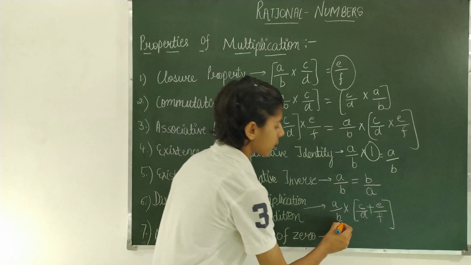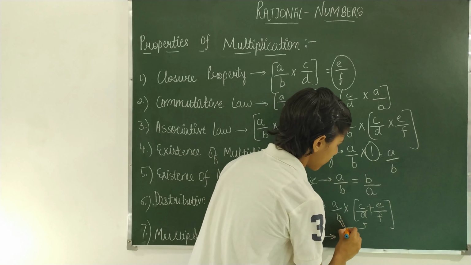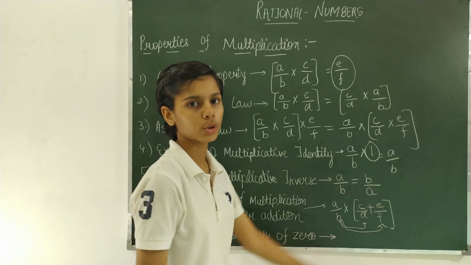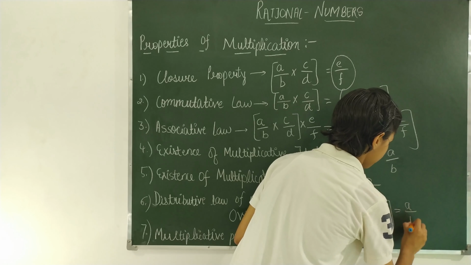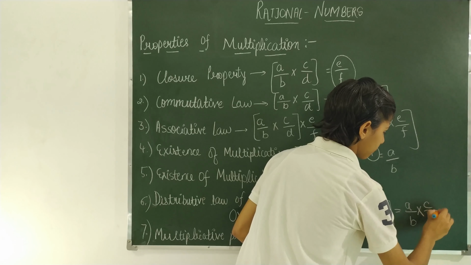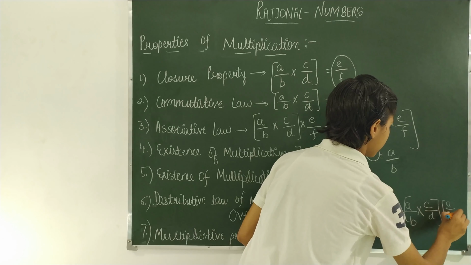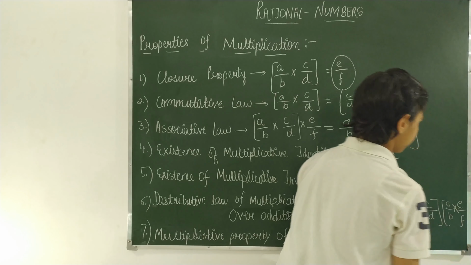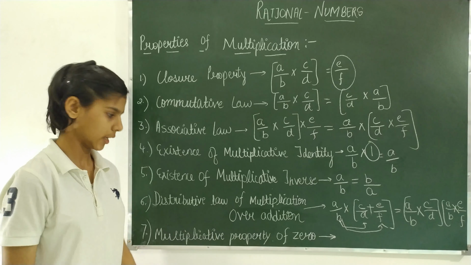Firstly a by b will be multiplied by c by d, then it will be multiplied by e by f. It will be multiplied by both the numbers. So we can say that a by b into c by d, close the braces, plus a by b into e by f. This is the distributive law of multiplication over addition.